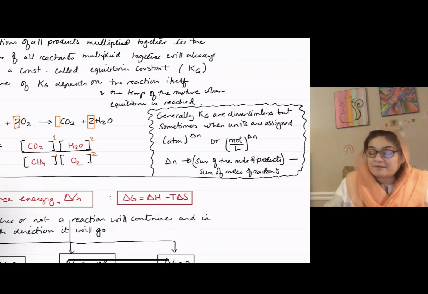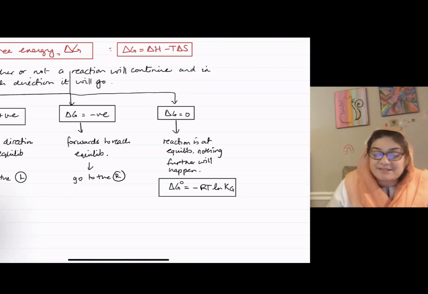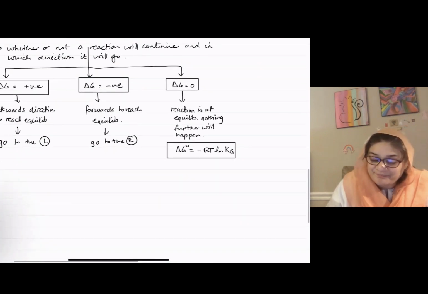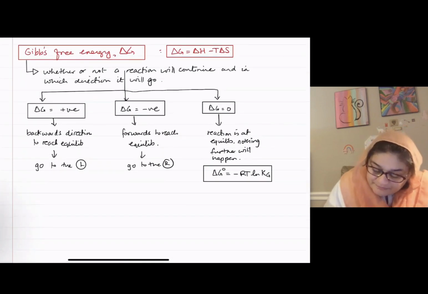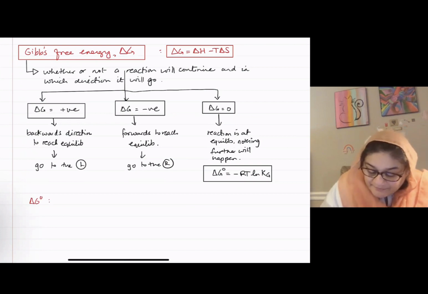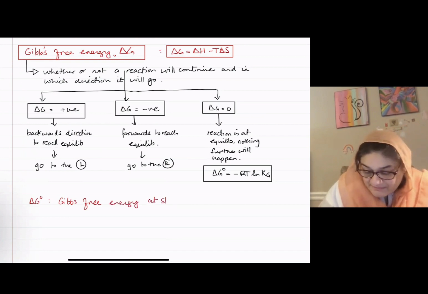Okay, another thing I have to tell you is, since I have defined this delta G0, I'm going to tell you what it is. So delta G0 is the Gibbs free energy at standard state.